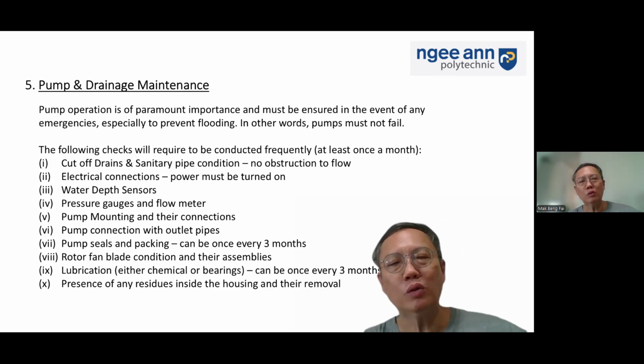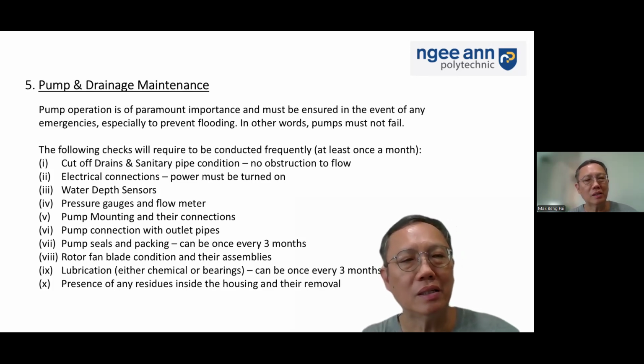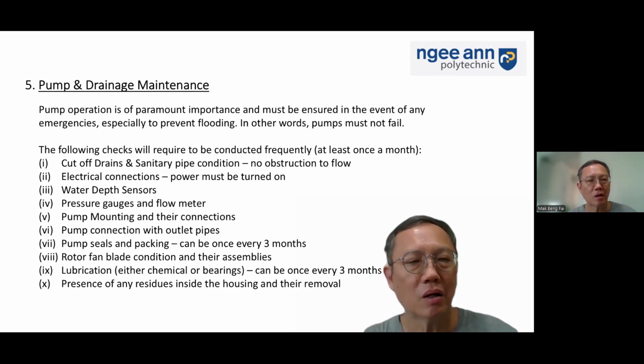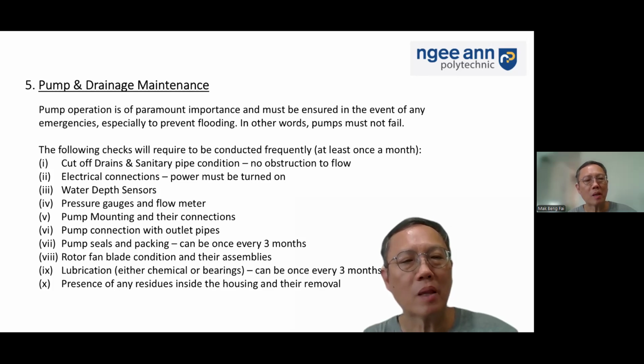To ensure this, we make sure that these things are done regularly. Firstly, we look at the cut-off drains, to make sure they are clear of any obstruction. And also the electrical connection, make sure it is always turned on. Water depth sensors, make sure that the minimum water depth is assured for the pump to work.